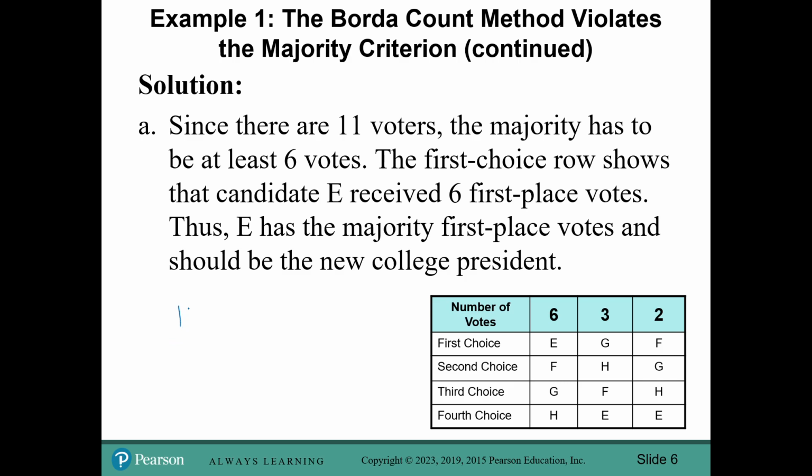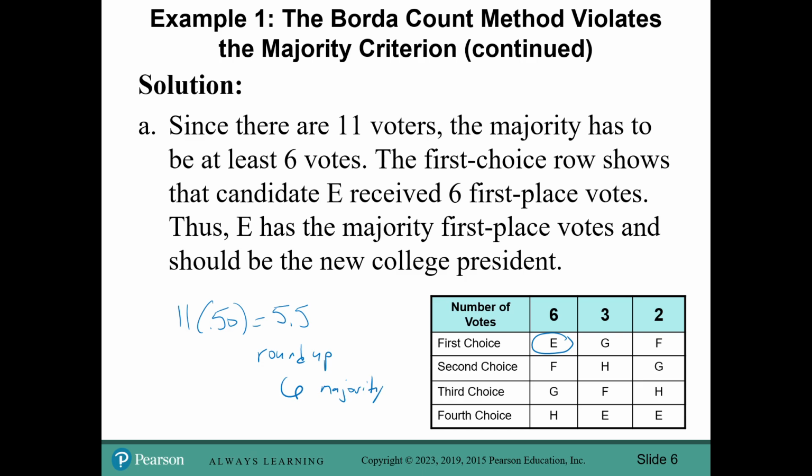If there are 11 voters, 11 times 50% is going to give us 5.5. Remember, we have to round up to have a whole vote. So if we round up, a candidate needs at least 6 votes to have the majority. E does have 6 first place votes, so E should win the election by majority.